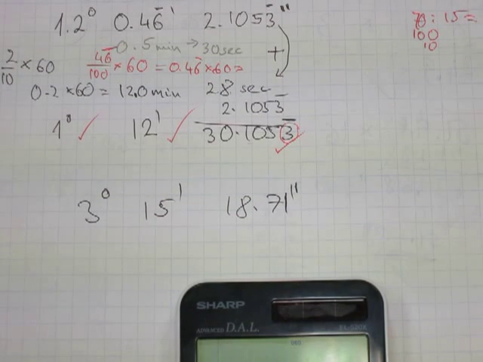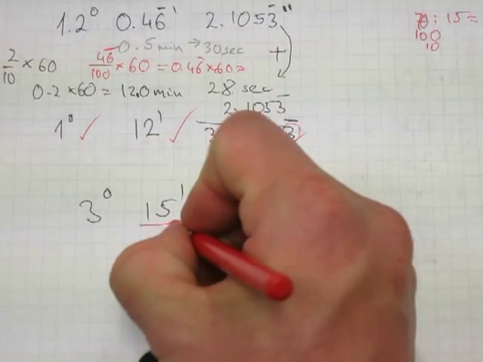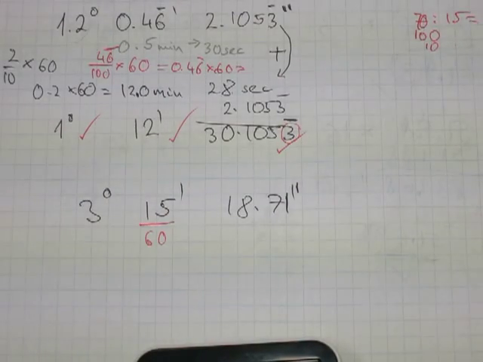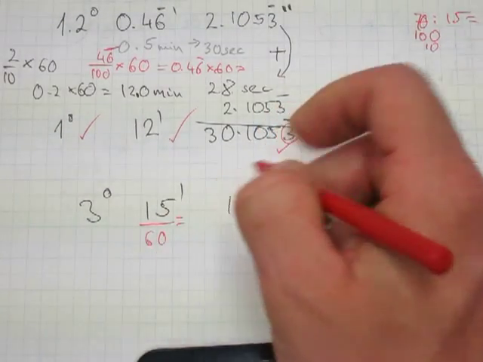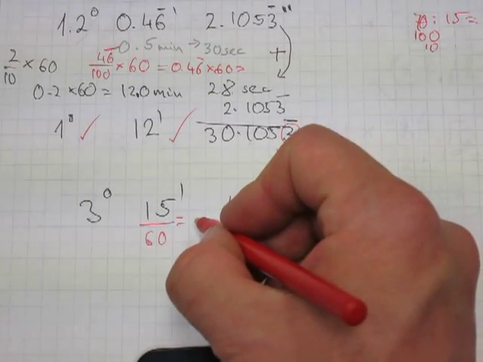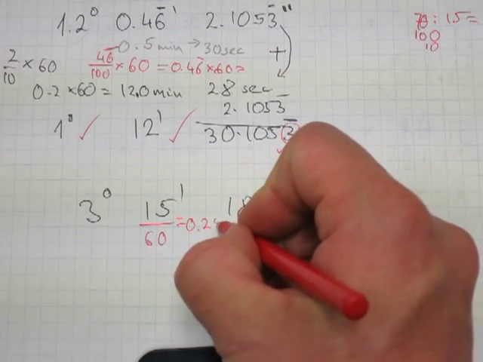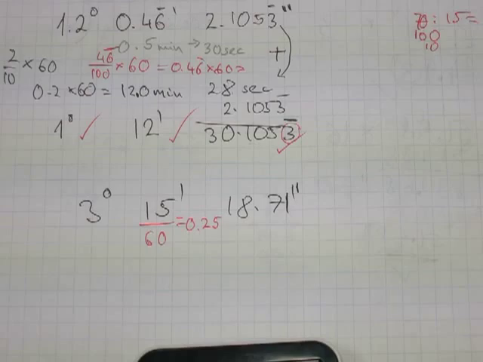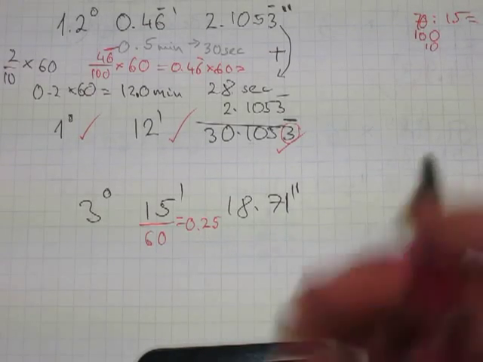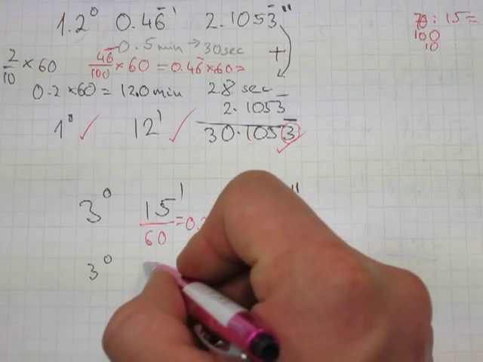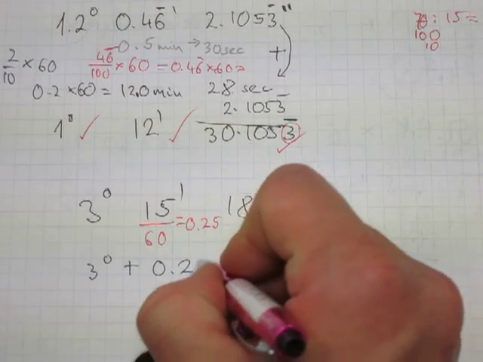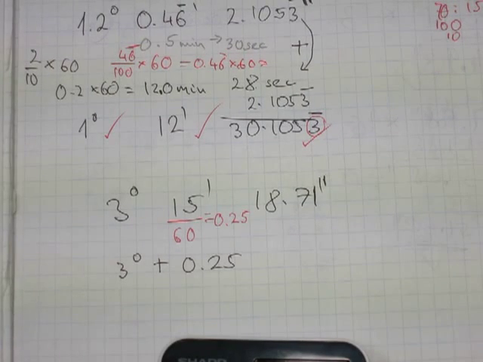We don't have 60/60th, we have less than that, we have 15/60th, and we need to make a decimal out of it. 15 divided by 60, we know that goes in 4 times, so that's 1/4, which is 0.25 for the final answer. 3 degrees must be added with 0.25, because 15 minutes is a quarter degree, just as 15 minutes is a quarter hour.